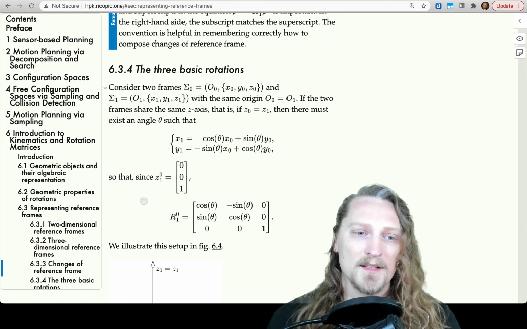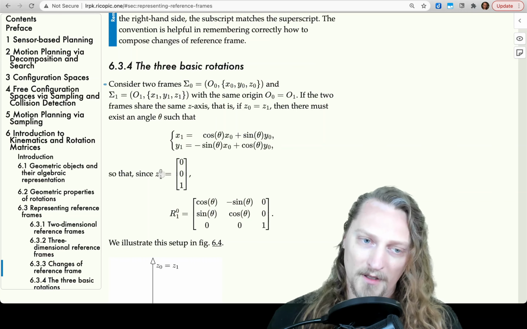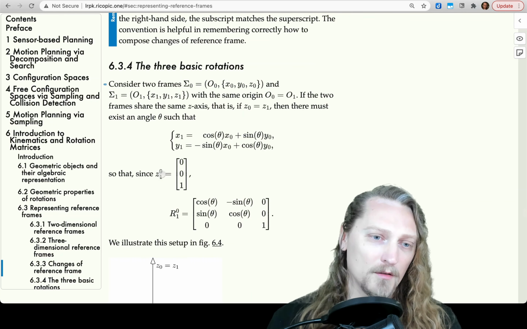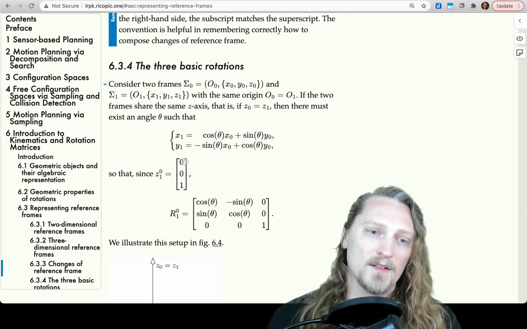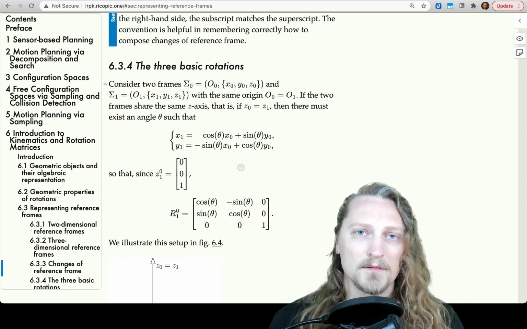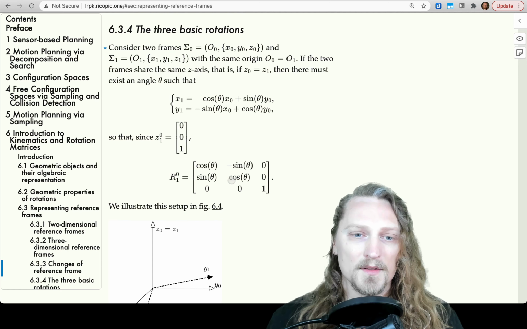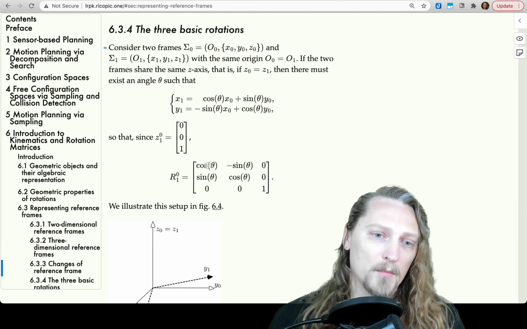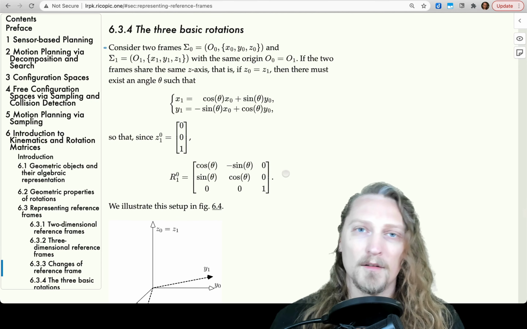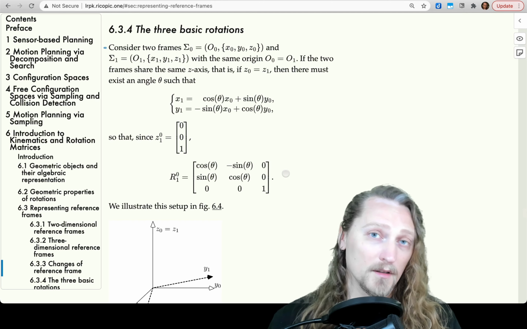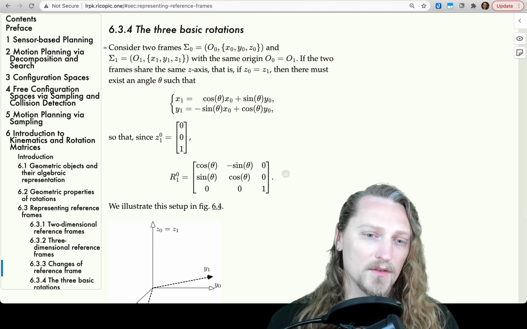So since z1 in the sigma 0 reference frame is 0, 0, 1, they're the same. R1,0 is equal to this. So we've transformed all of our axes now, or all of our unit vectors, our basis vectors.